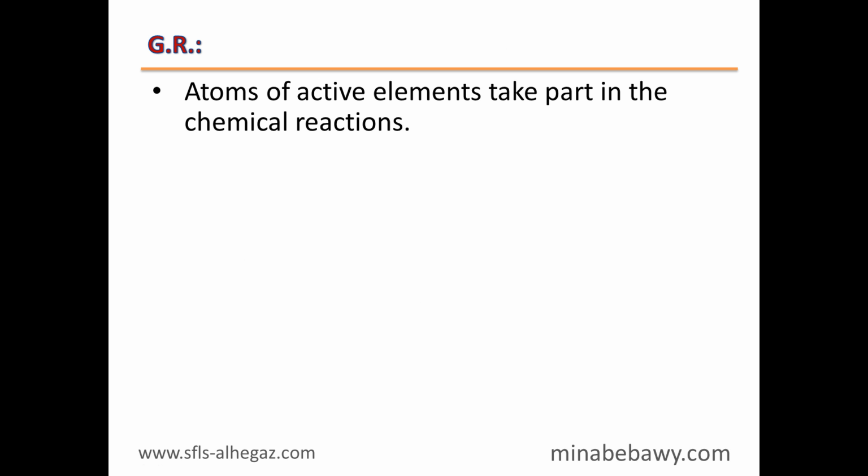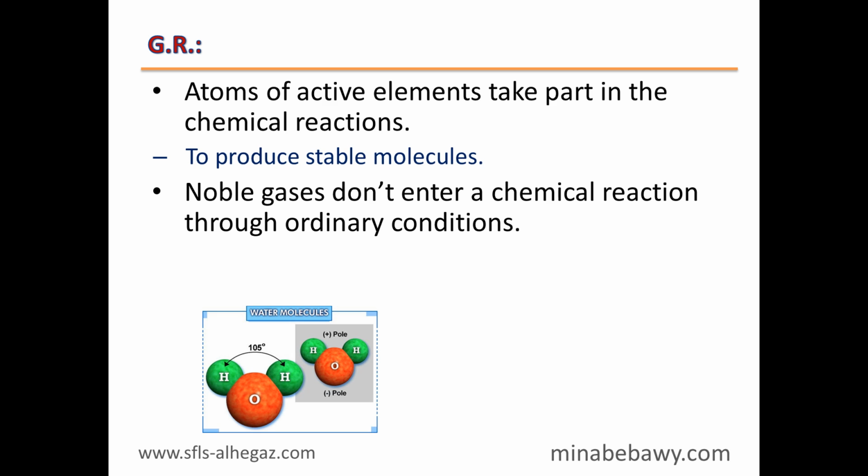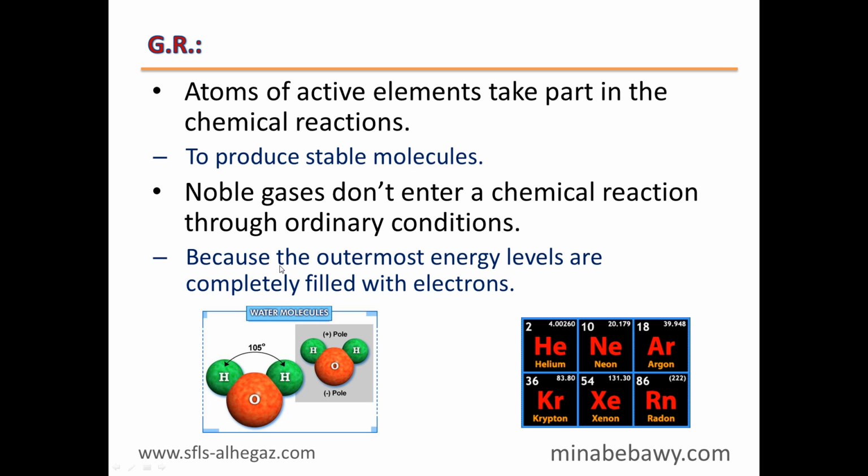Give reason: Atoms of active elements take part in the chemical reaction to produce stable molecules, but noble gases don't enter the chemical reaction through ordinary conditions because the outermost energy levels are completely filled with electrons.